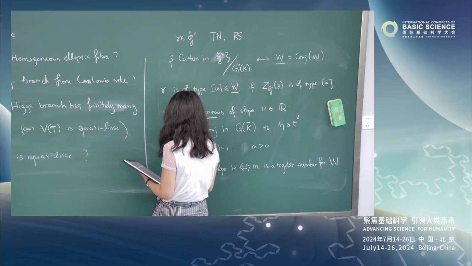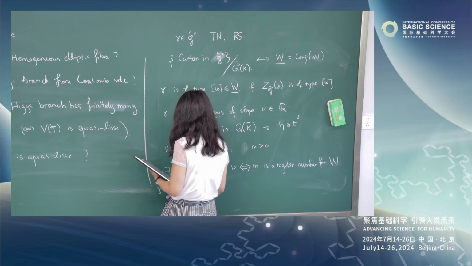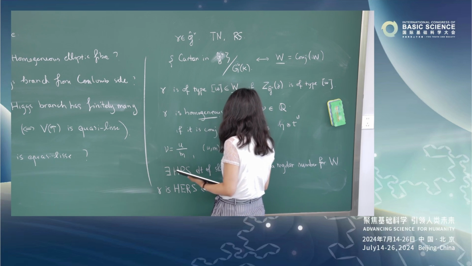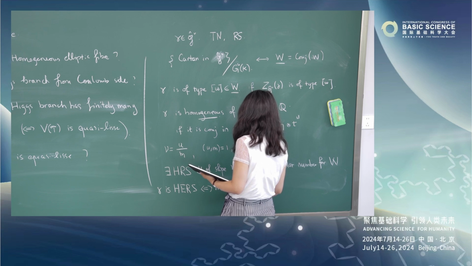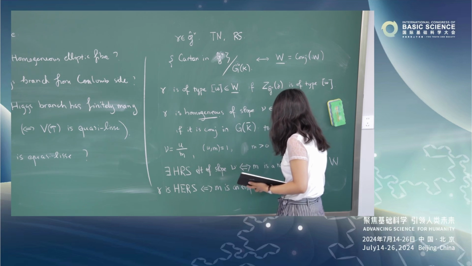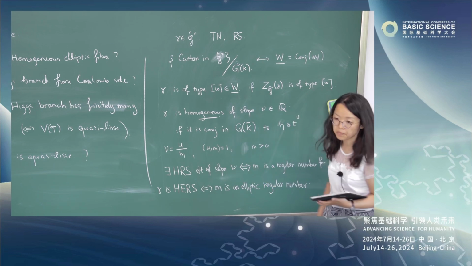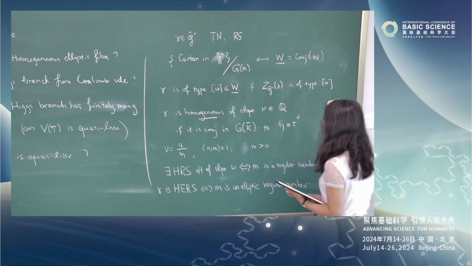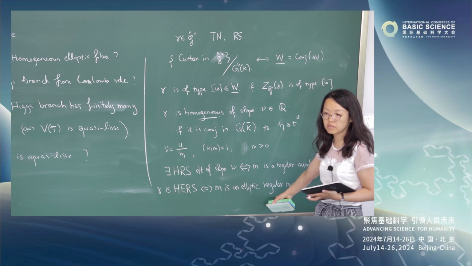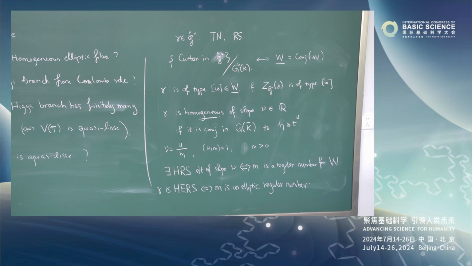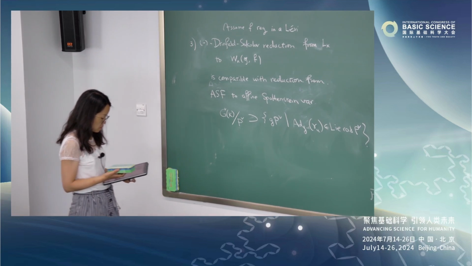So gamma is homogeneous elliptic regular semisimple if and only if m is an elliptic regular number. The Coxeter number is a particular elliptic regular number, and then there are others. In type A, this is all, but in other types there are more elliptic regular numbers, and so you have more fibers.